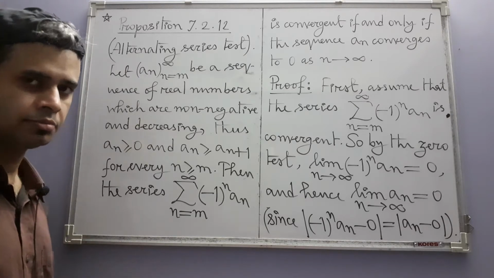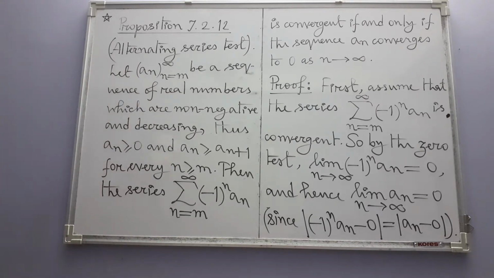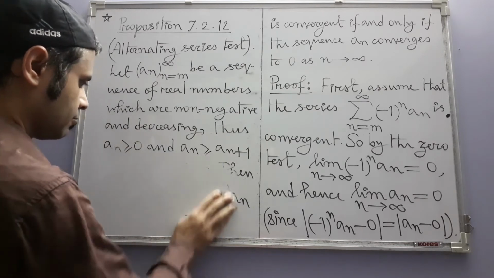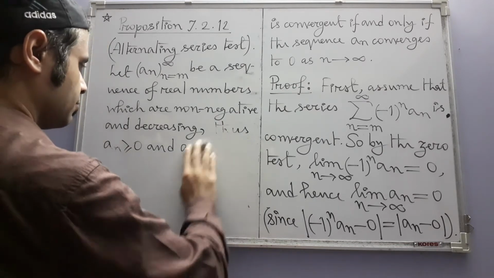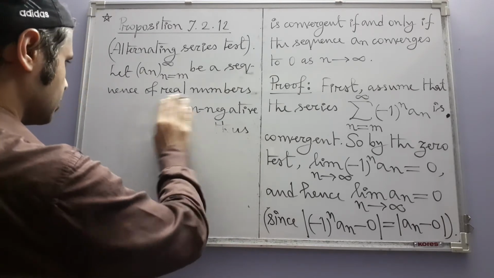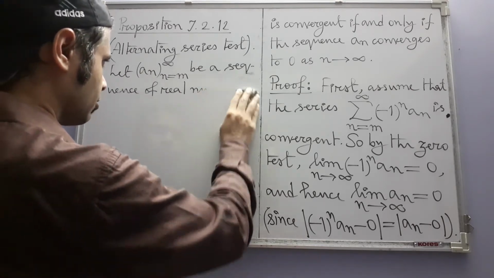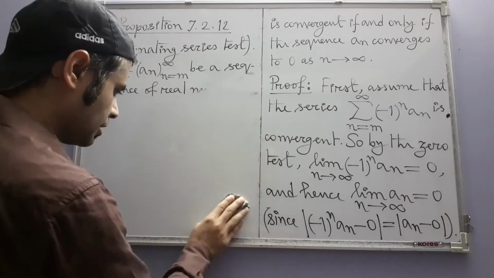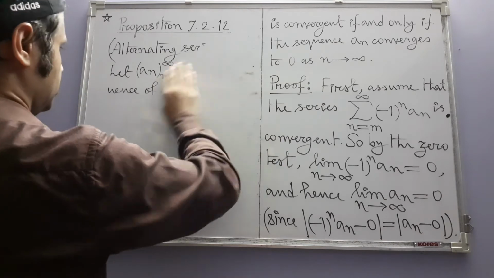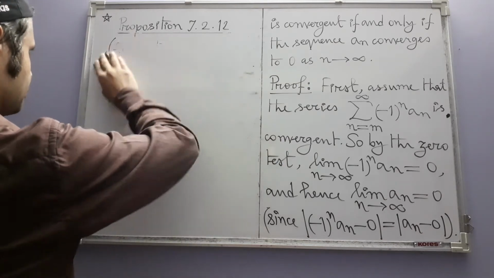Now we go to the comparatively more difficult half. So in the first half we have proved that the condition that the sequence an converges to 0 is necessary for the convergence of the series.